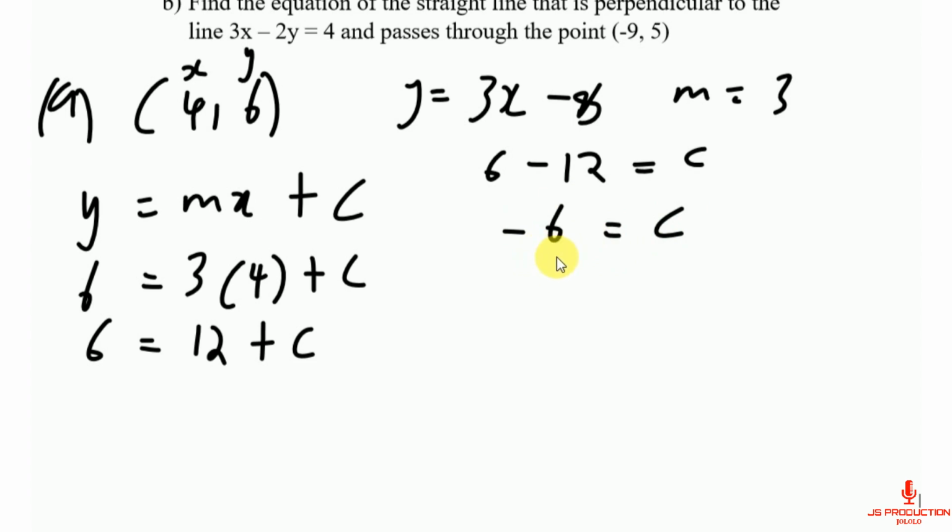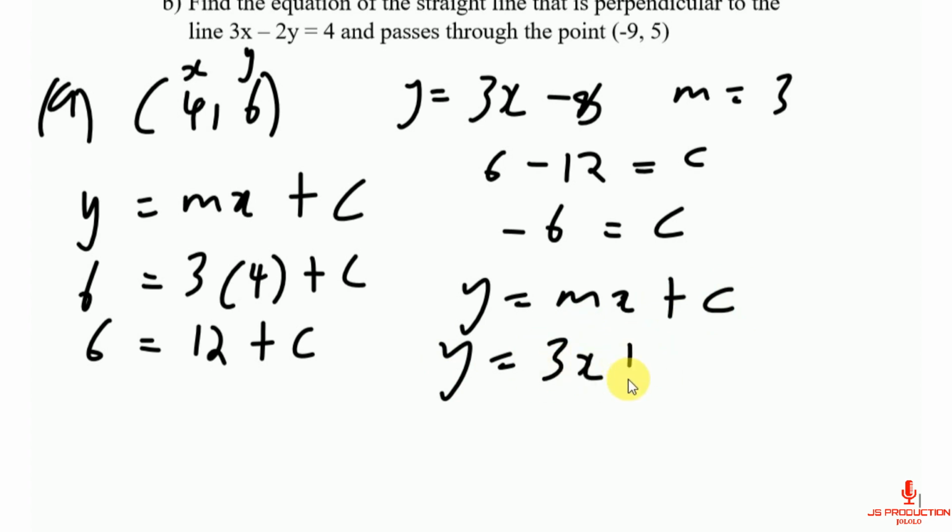Since we know our y-intercept is -6 and our gradient is 3, we can say y is equal to mx plus c. So y is equal to 3x, plus our y-intercept, which is -6.